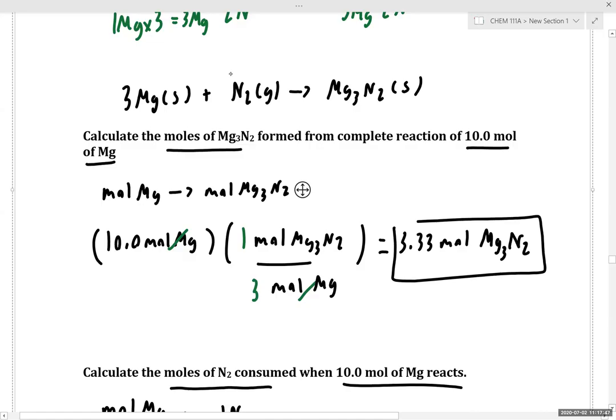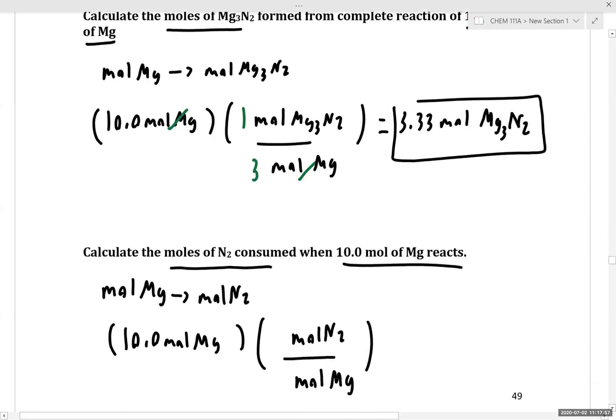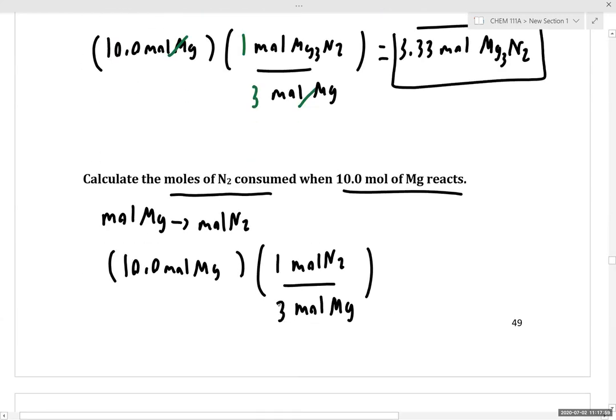What's our mole to mole ratio of nitrogen to magnesium? 1 to 3. Yeah, exactly right. And that in turn gives us 3.33 moles of nitrogen.